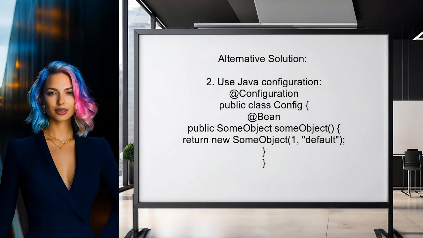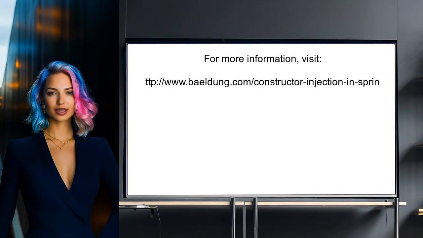If you're using Java configuration, you can define a bean method in your configuration class. For instance, you would annotate a method with @Bean and return a new instance of your object, passing in the required parameters. For more detailed guidance, check out the article on constructor injection in Spring.